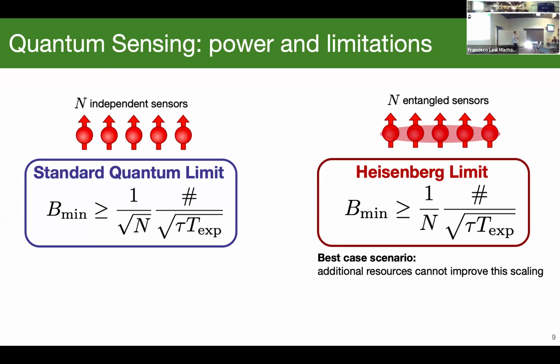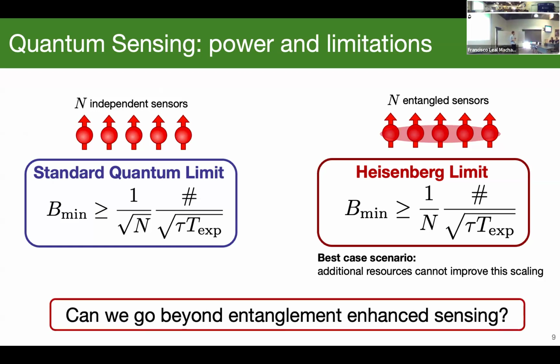There's no additional resources that you can add to your experiment that allow you to curb this limitation. Because this is something that fundamentally just tells you, you have a state, you do a small perturbation, how well can you distinguish it from a state that was not perturbed? And there's no additional resource that allows you to do that.